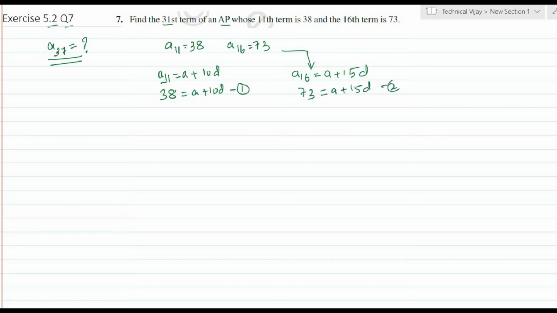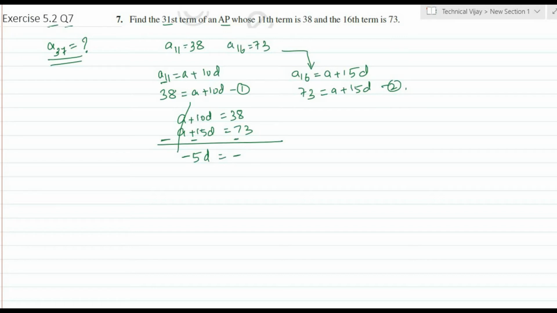This is the second equation. Now we will solve these two equations by the elimination method. Subtracting, a plus 10d is equal to 38 and a plus 15d is equal to 73, the a terms get cancelled, so 10d minus 15d, that is minus 5d, is equal to 38 minus 73.